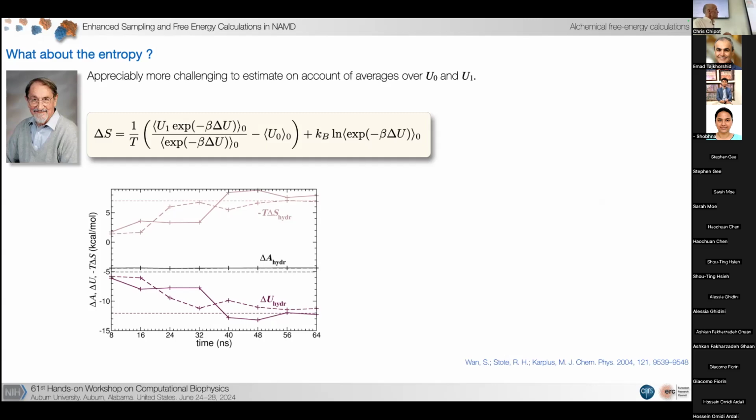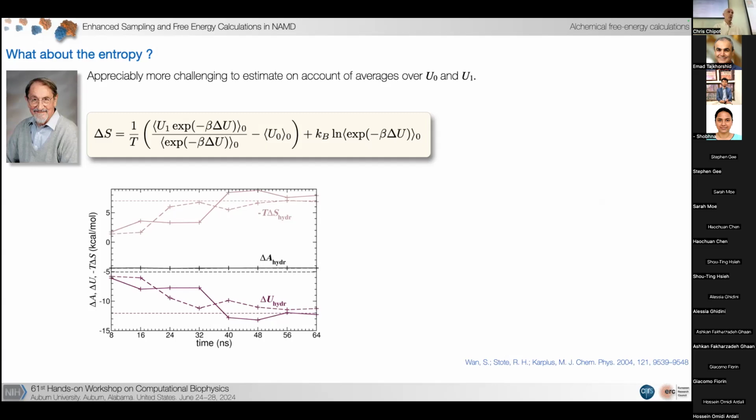Now, the main difference with the perturbation formula for free energy is that it is essentially dealing with delta U. It's an ensemble average of an exponential of delta U. Now you have something more complicated. You have an ensemble average of directly U0, and that's going to take way longer to converge.